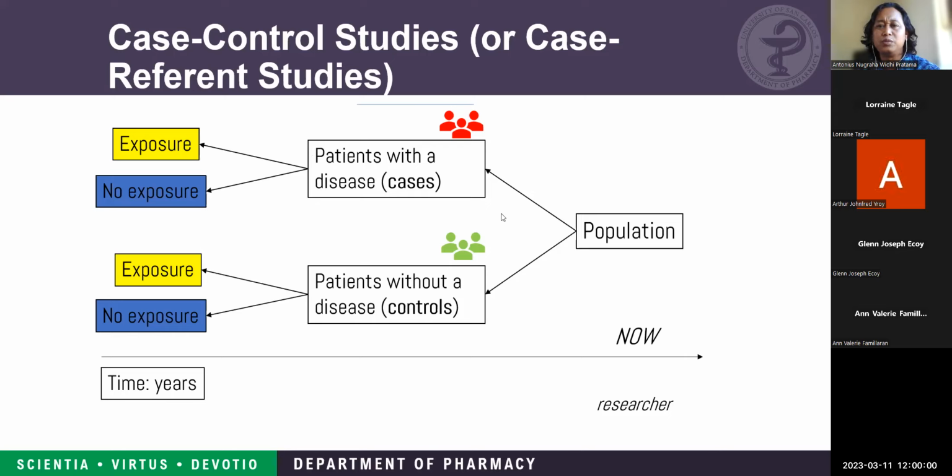We can select the new patients with arrhythmia in the cardiovascular clinic, but we cannot use patients with, for example, lung disease or asthma as our control, because in the beginning there is a certain degree of bias, the selection bias that we will have.